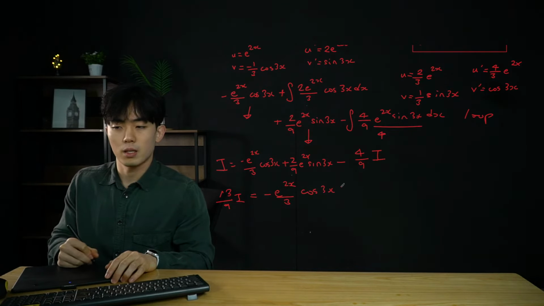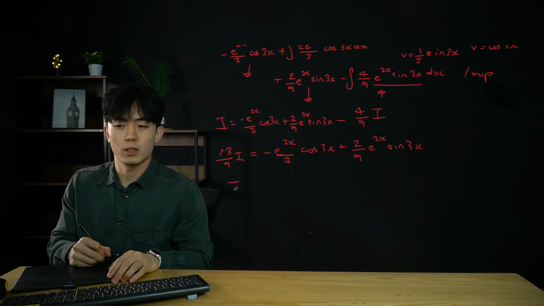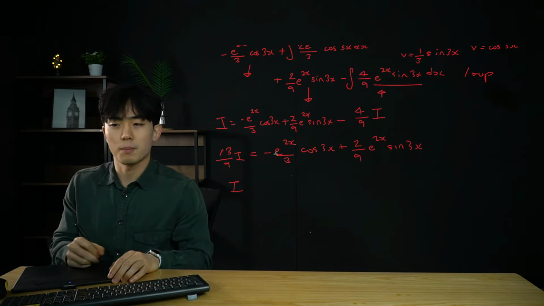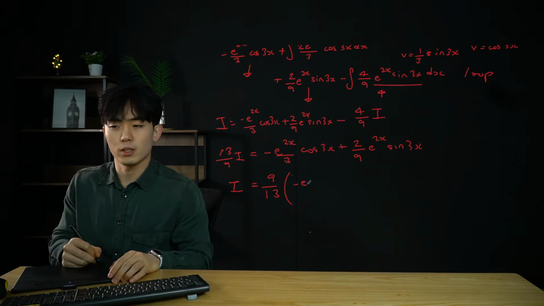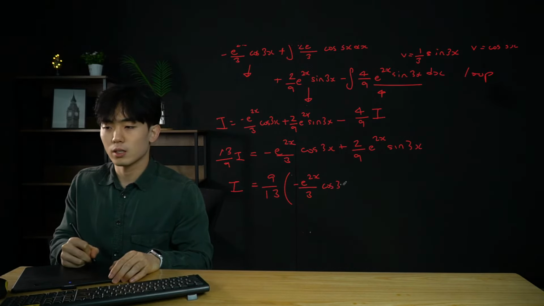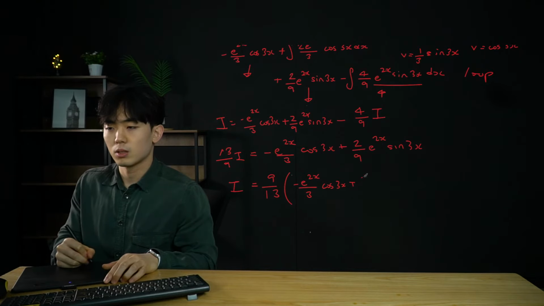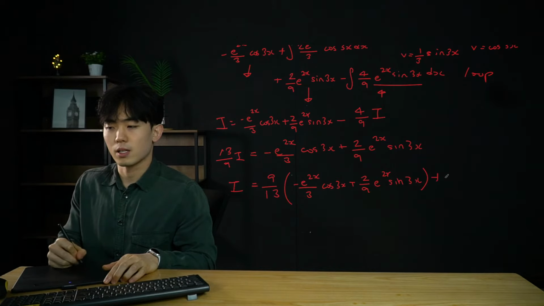Okay, we just want to be left with this I, so dividing this whole term by 13 over 9 will mean we have 9 over 13 on this side, and we'll have this whole term, negative e to the 2x over 3 cos 3x plus 2 over 9 e to the 2x sine 3x, and then plus c.